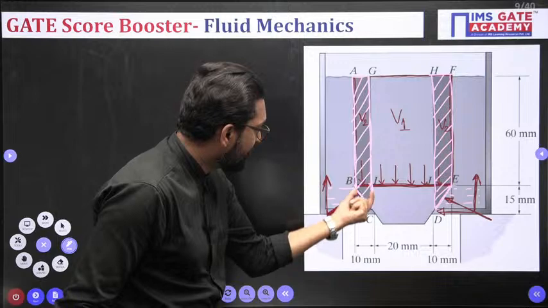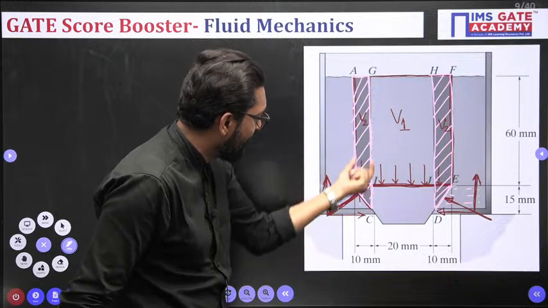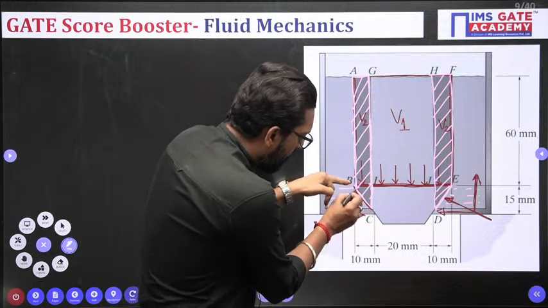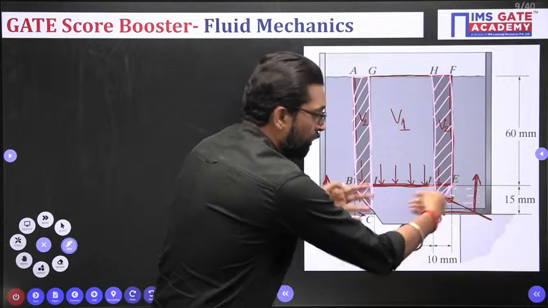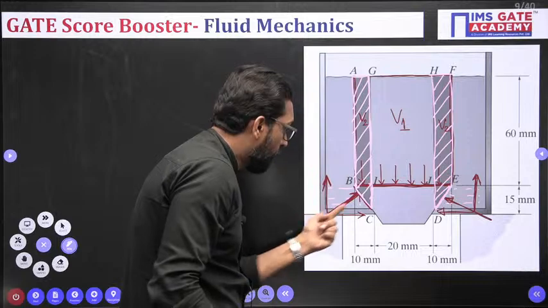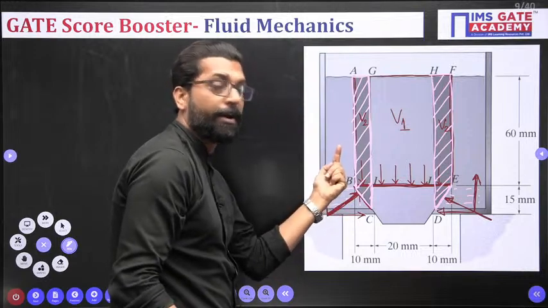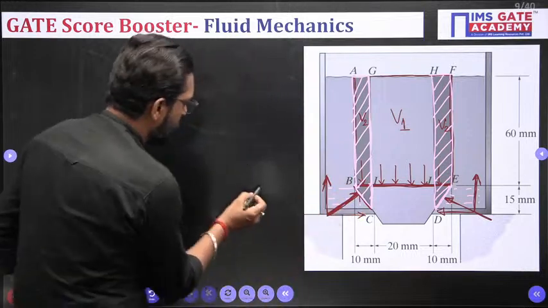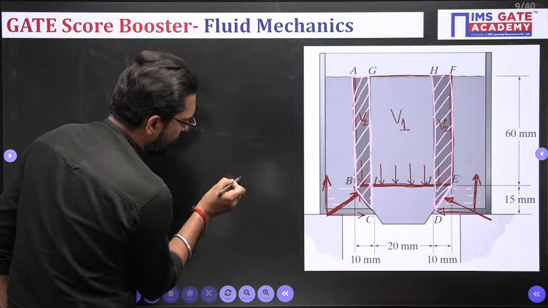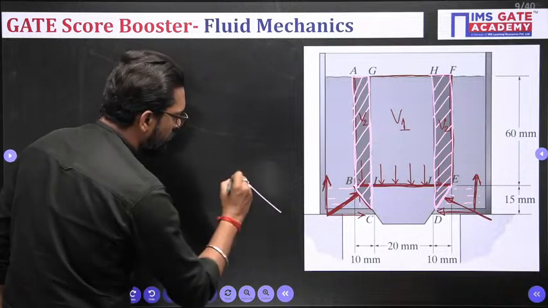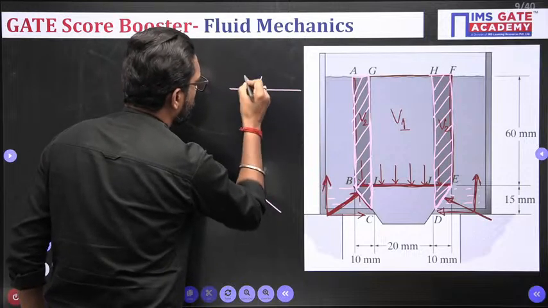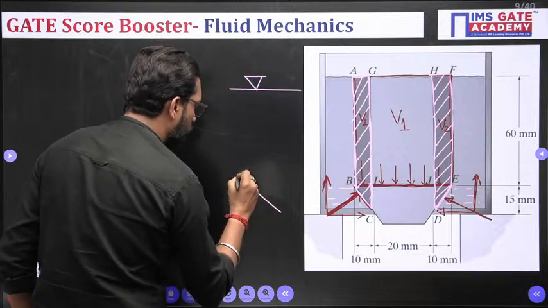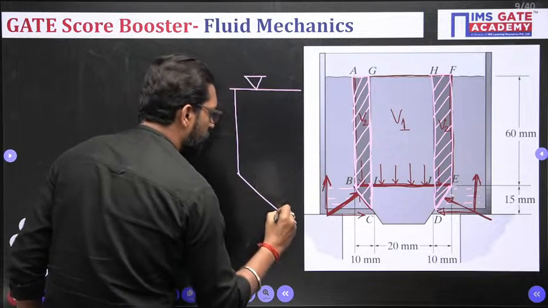This h's area is your slanted. On this slanted, the horizontal components are symmetric, so they will cancel out. So the responsible one is only the vertical component. So this is your slanting surface. So this slant goes up to the free surface. Let's suppose this is your free surface, so you have to project this one up to the free surface.